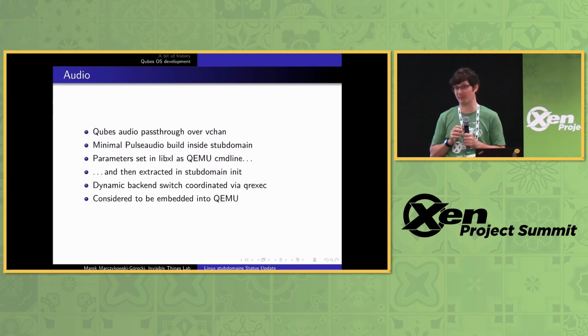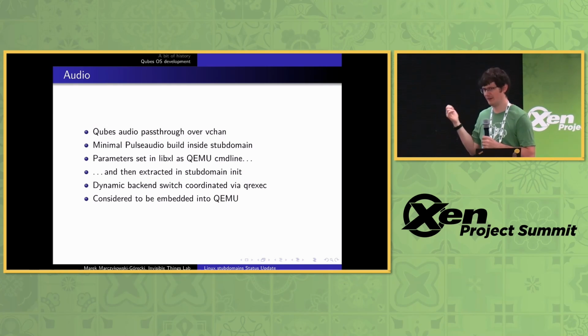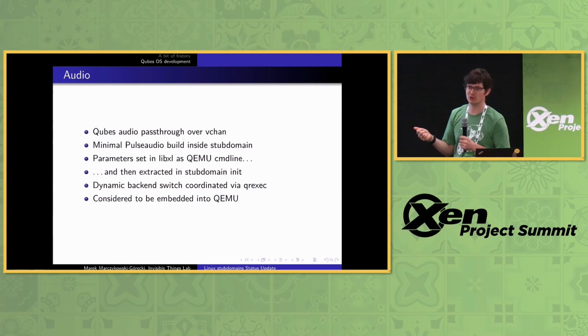It uses some more memory in the stubdomain because we need to run PulseAudio. We also do a very minimal build of that PulseAudio, but it's possible. And it was quite easy to implement, so why not? For that, we need some minimal parameters like the model of the audio card to emulate and the backend domain ID to connect to.